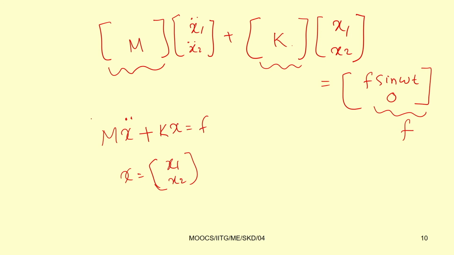You just see this looks similar to that of a single degree of freedom system, but here the mass and stiffness are in matrix form.